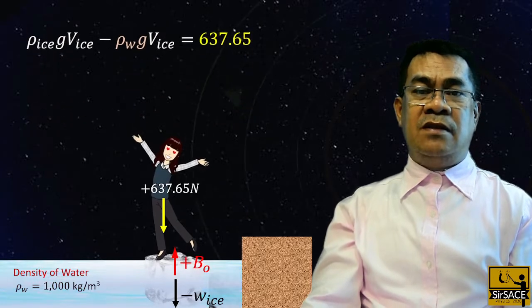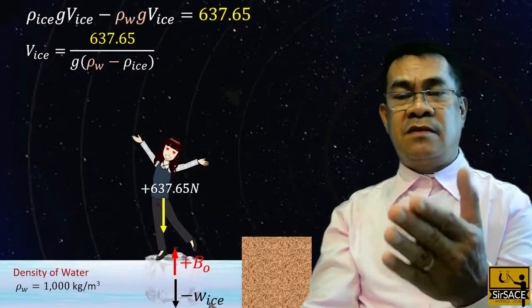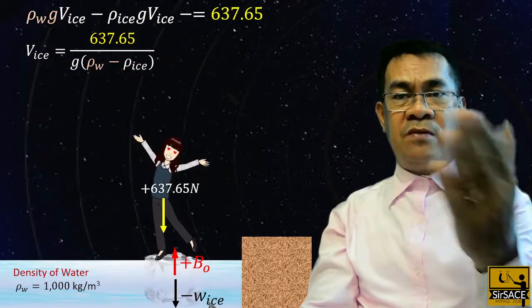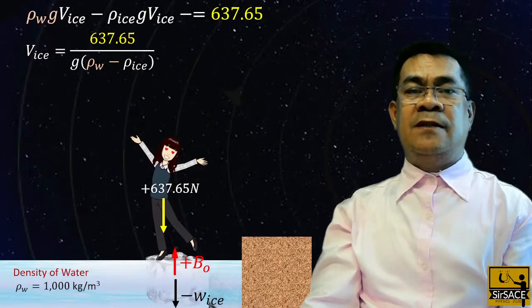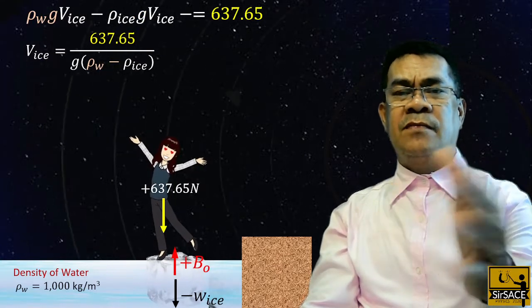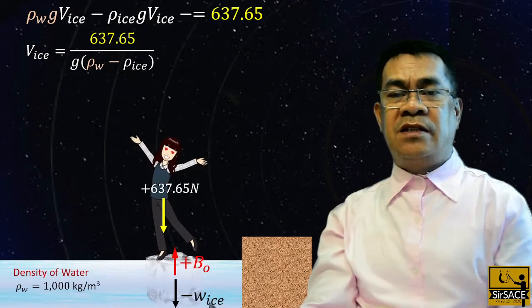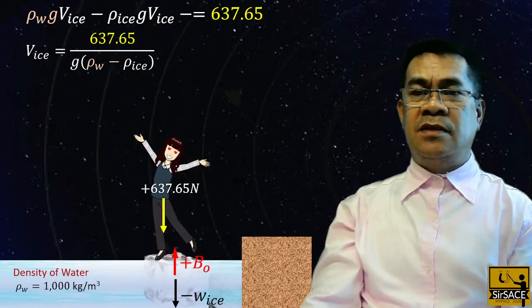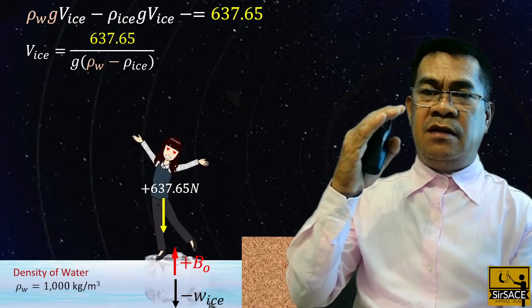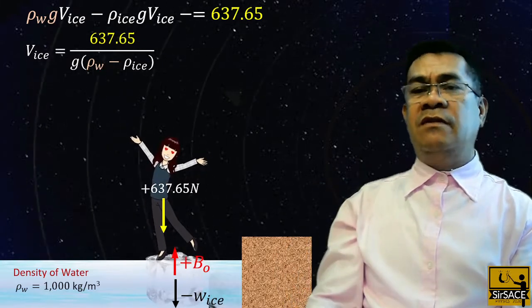But before that, we need the what? So apply simple algebra, okay? Then transpose. Can you remove the negative sign? So we have what? Take the common factor, the volume.